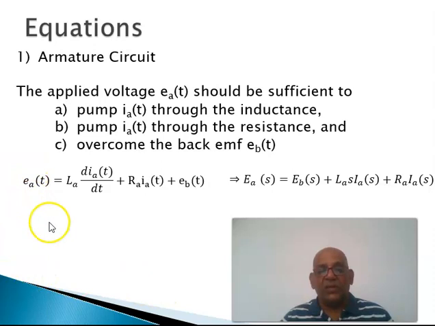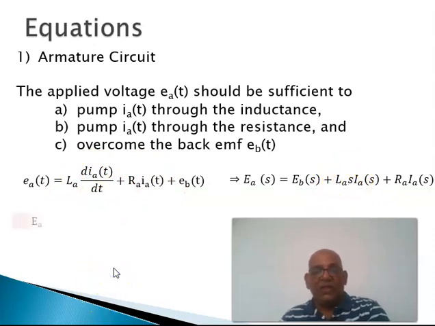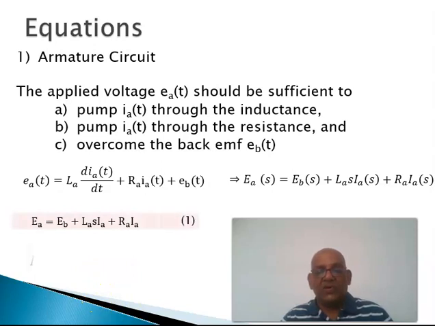So lowercase ea has a transform uppercase Ea in the Laplace domain. Then eb has capital Eb, Ra ia becomes Ra capital Ia, and you have a derivative here, so one multiplication by the Laplace operator s. And then we can further simplify this.